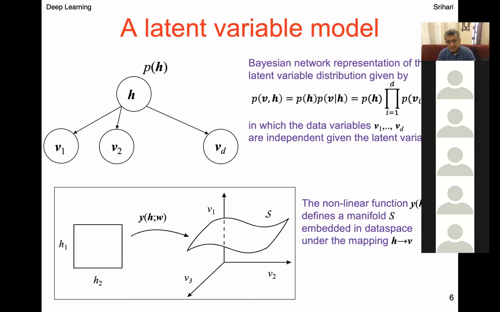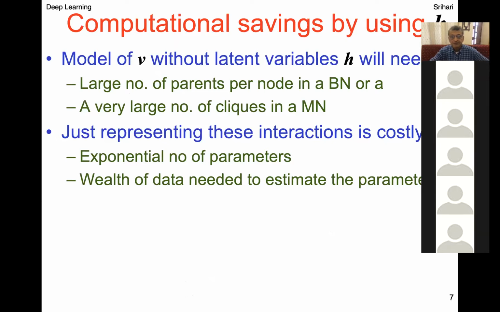This is the essential message here: if you want to model a set of variables with tons of correlations between them, a very efficient way of doing it is not by brute force calculating all their dependencies using standard correlations, but by constructing a deep learning model, in which the dependencies are implicitly captured. The computational savings from using h is that a model of v without latent variables h will need a large number of parents per node in a Bayesian network, or a very large number of cliques in a Markov network.